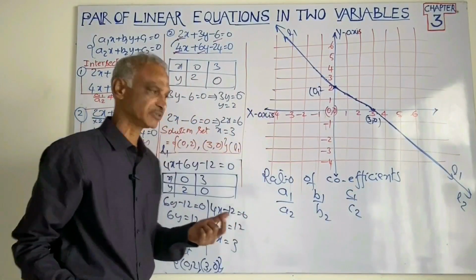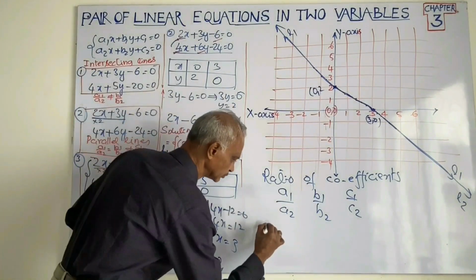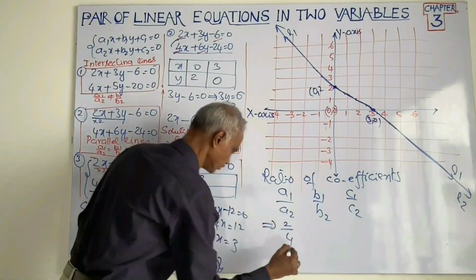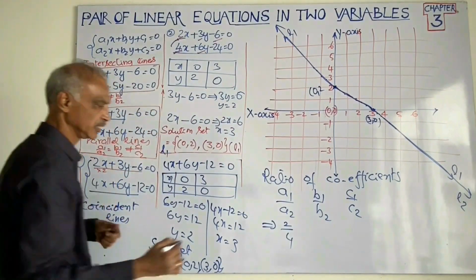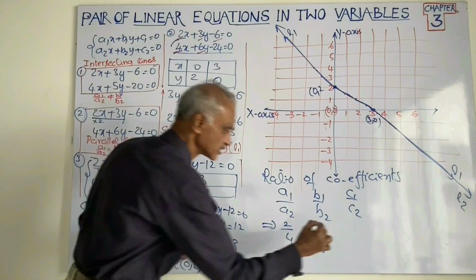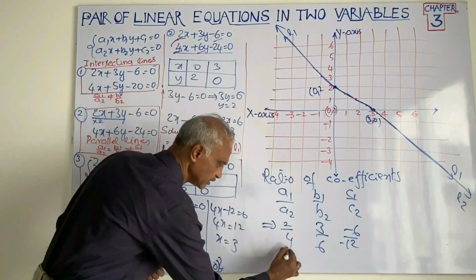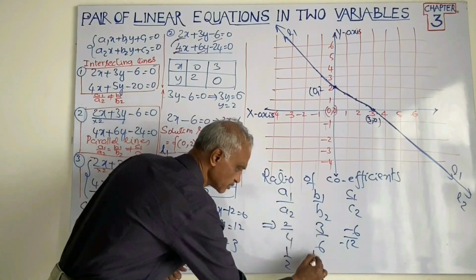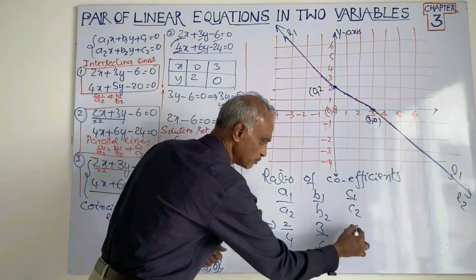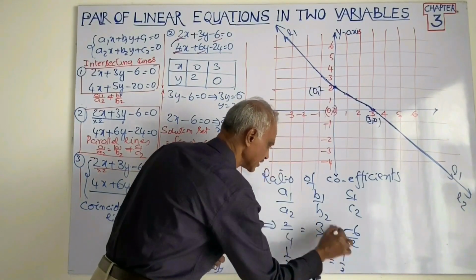You see, 2 by 4, and what is b1 by b2? 3 by 6. And what is c1 by c2? Minus 6 by minus 12. See, 2 by 4 means 1 by 2, 3 by 6 means 1 by 2, 6 by 12 means 1 by 2. These are all equal to each other.